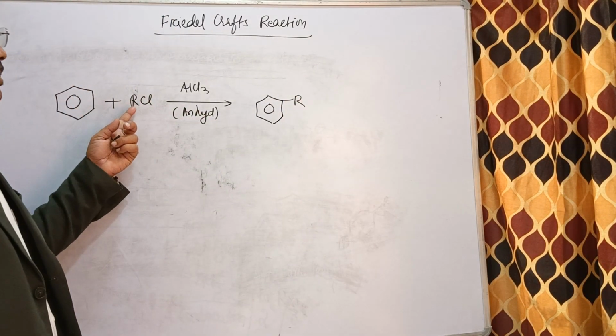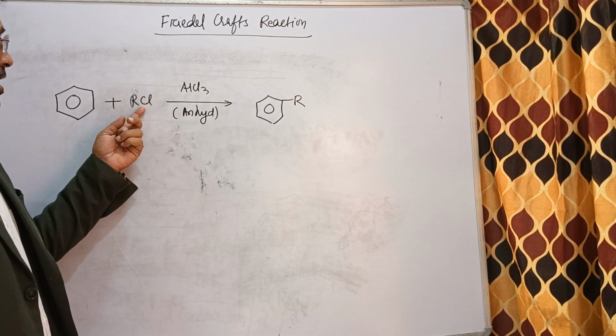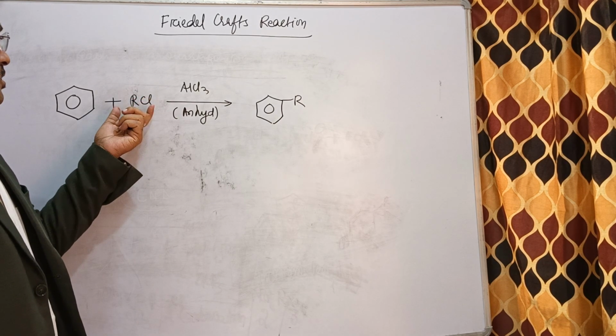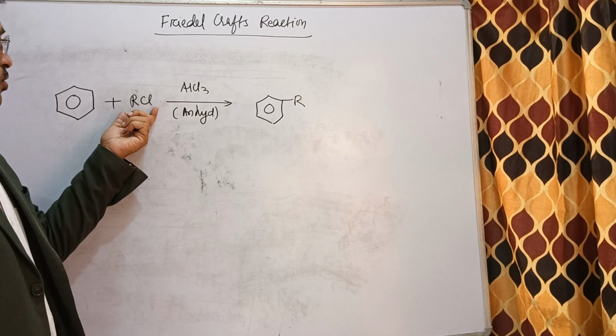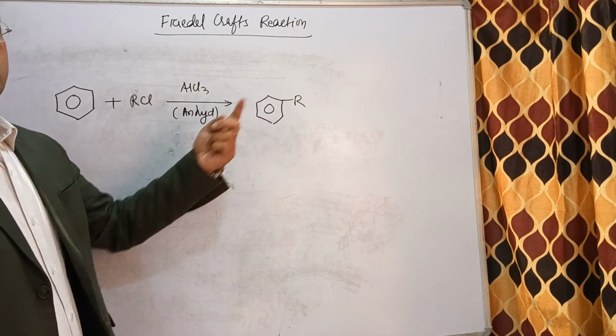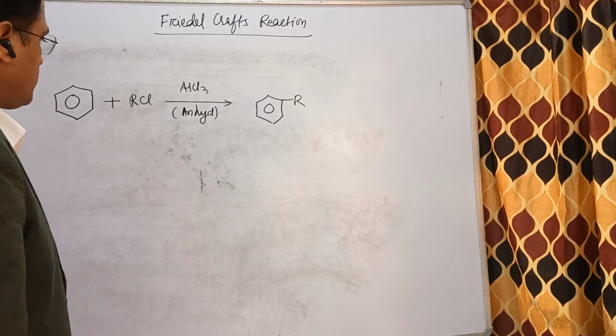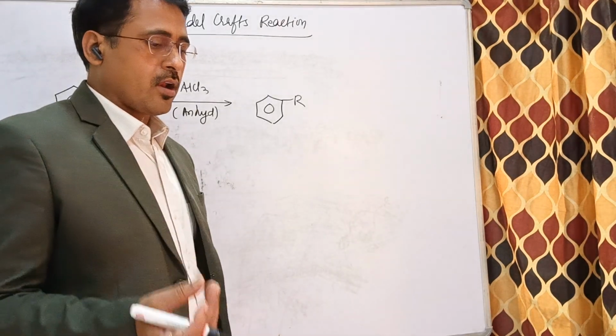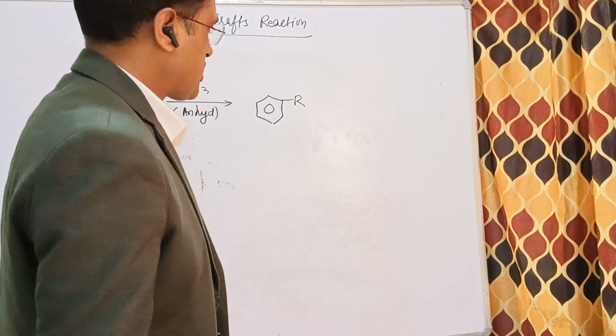Benzene in presence of alkyl halide, the fixed name is alkyl chloride, in presence of aluminum chloride gives the alkylated product. And the other reaction is called the acylation reaction.